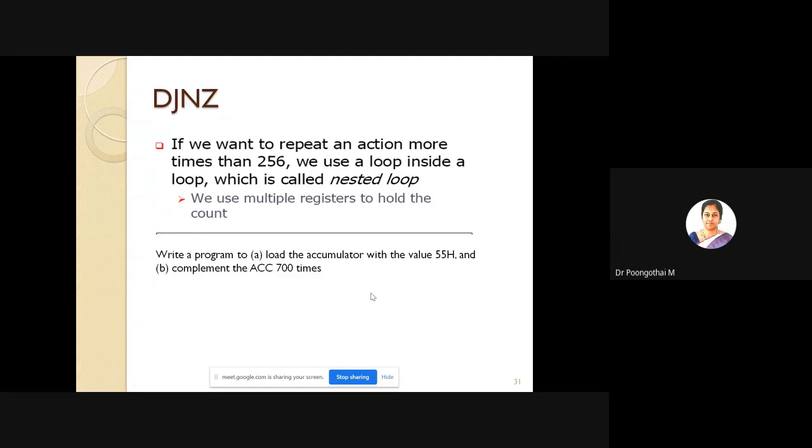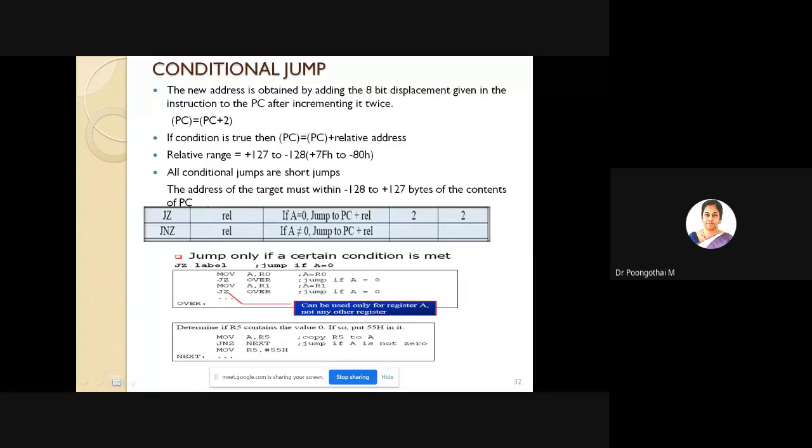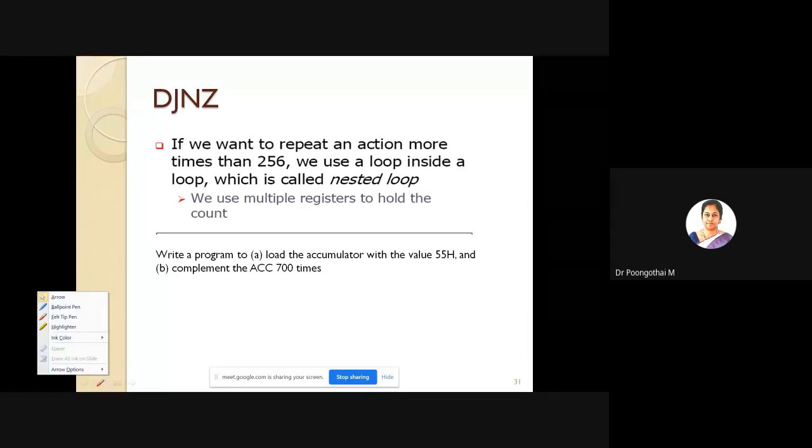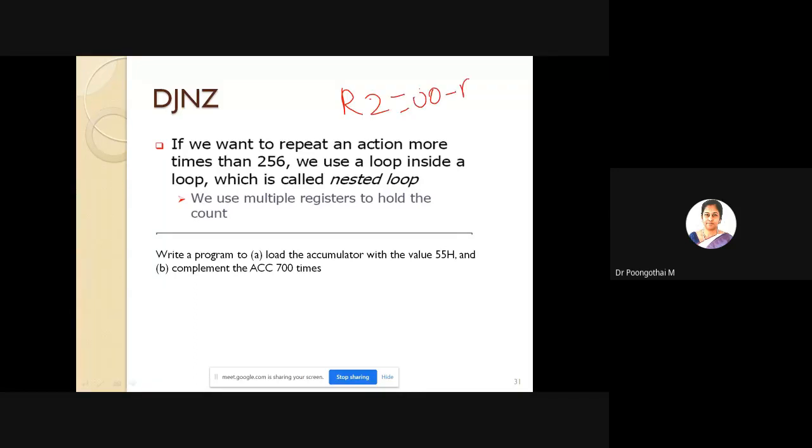In case of decrement jump if not zero, for that purpose we have to use 2 count registers. One register can be used for the outer loop count, and another register can be used for the inner loop count. In the previous case, your count register R2 can hold a value from 00 to FF, so we can repeat the loop action a maximum of 256 times.